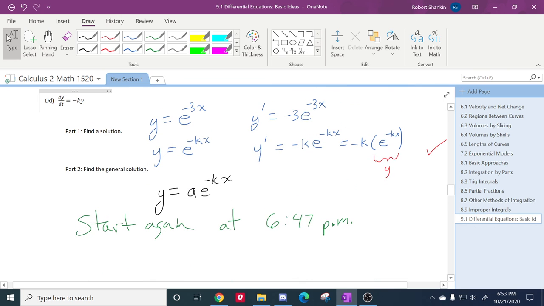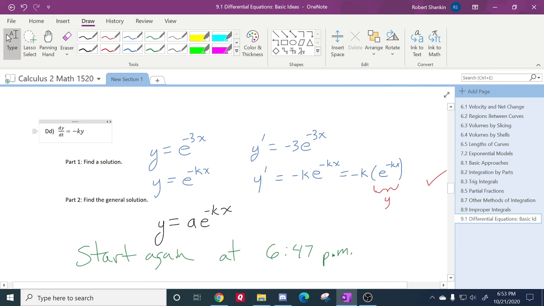If it has the output variable in it too, then integrating both sides isn't going to work. If you tried integrating both sides on D, you'd multiply both sides by dt, and you would get y's and t's over here, and you can't integrate this.